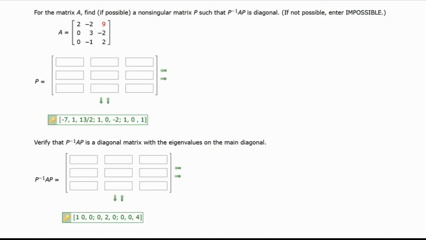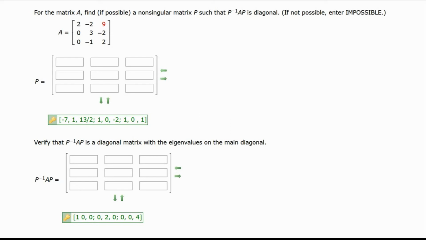Pretty cool. Well, let's begin here. So what we want to do is to find the eigenvalues, and then from there find the eigenvectors, and that will form that matrix P.